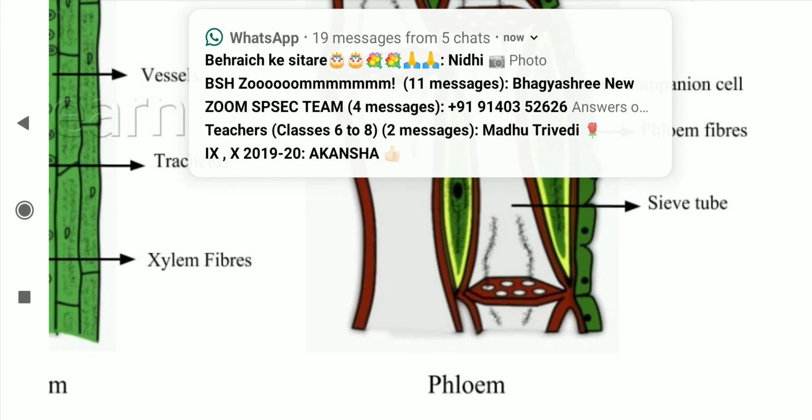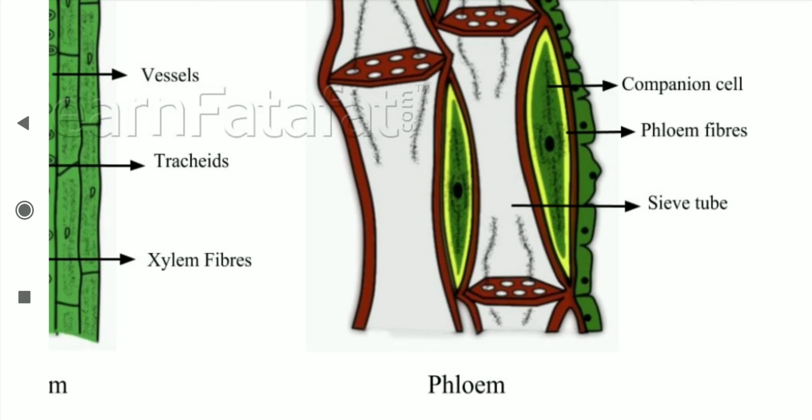So out of four, three cells are living. Fourth one is phloem fiber. This is dead tissue. Phloem fiber is dead. It is lignified. Sclerenchymatous fibers present in phloem are called phloem fibers. It is also lignified, gives mechanical support.